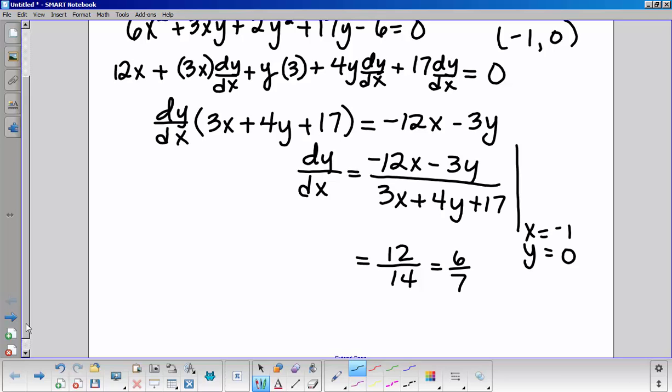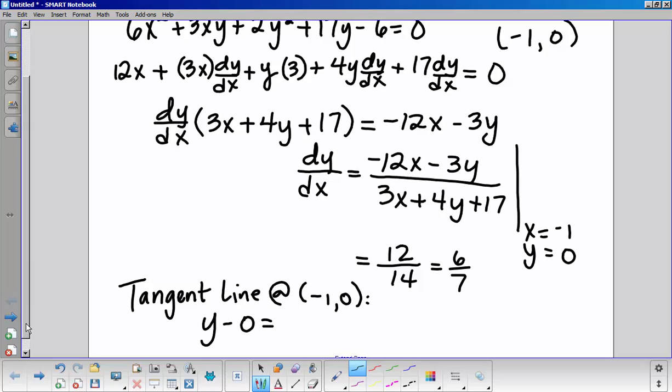So my tangent line at negative 1, 0 is going to be y minus 0 equals 6/7 times x plus 1, right?